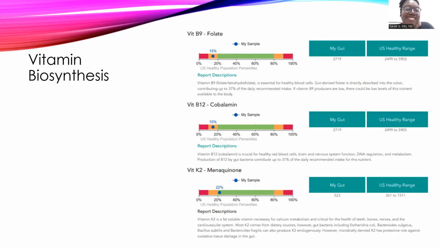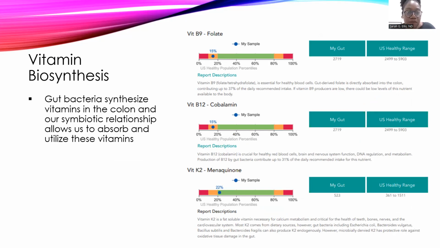And then the last part of this section of the report is vitamin biosynthesis. As I mentioned earlier, the microbiome does a really great job of making vitamins for us. Specifically, vitamin B9, folate, and vitamin B12, cobalamin, gut-produced vitamins, they actually contribute over 30% of our daily recommended intake.